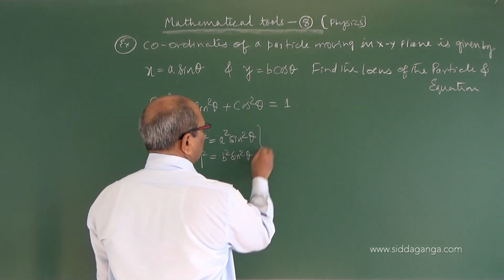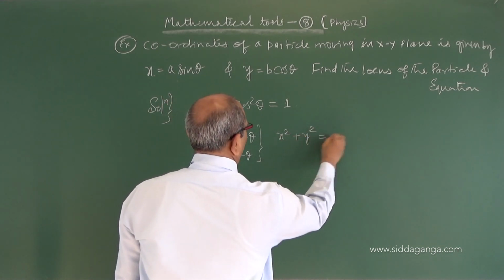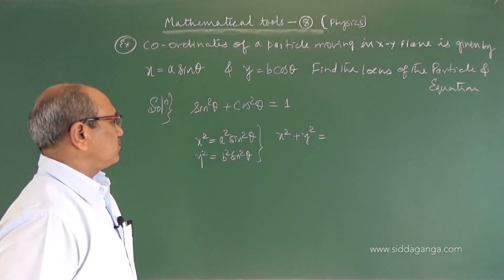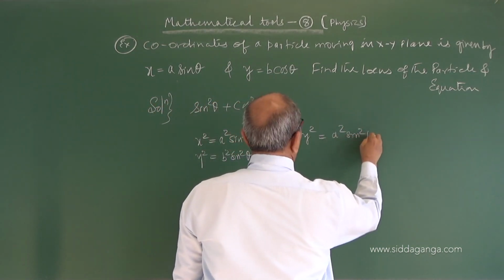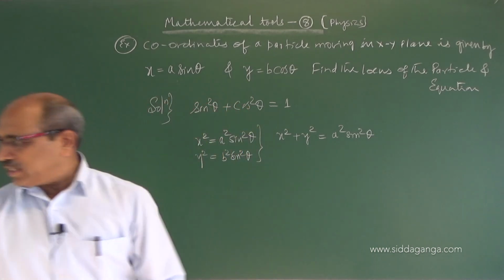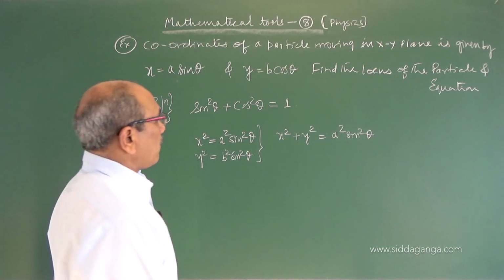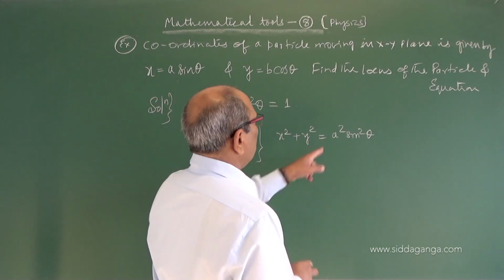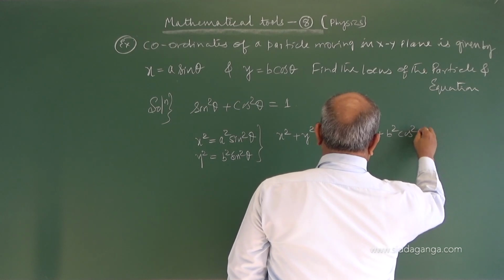So if you add the two, x square plus y square is a square sin square theta plus b square cos square theta.